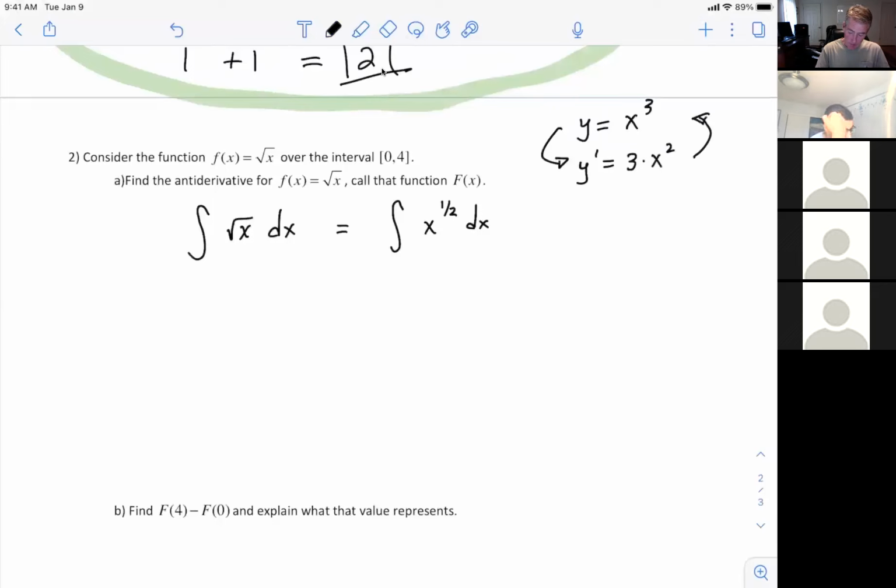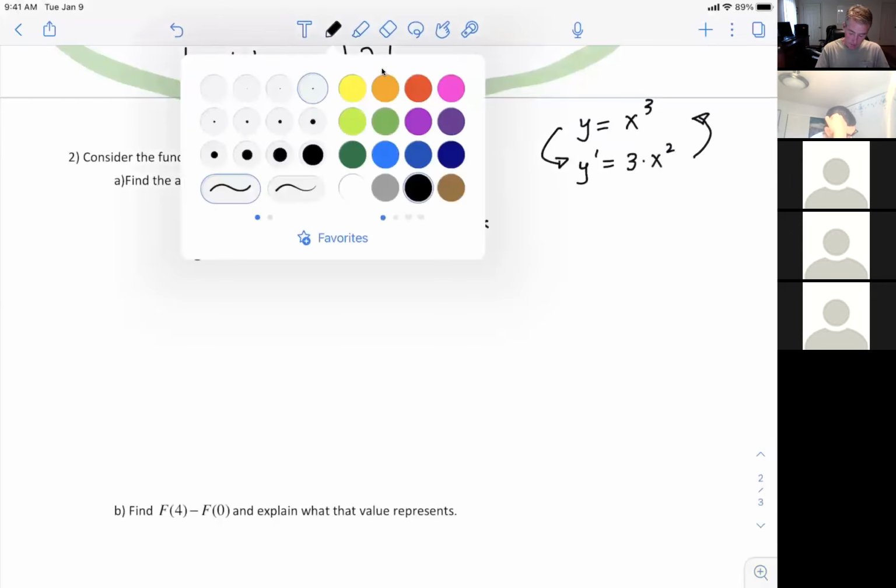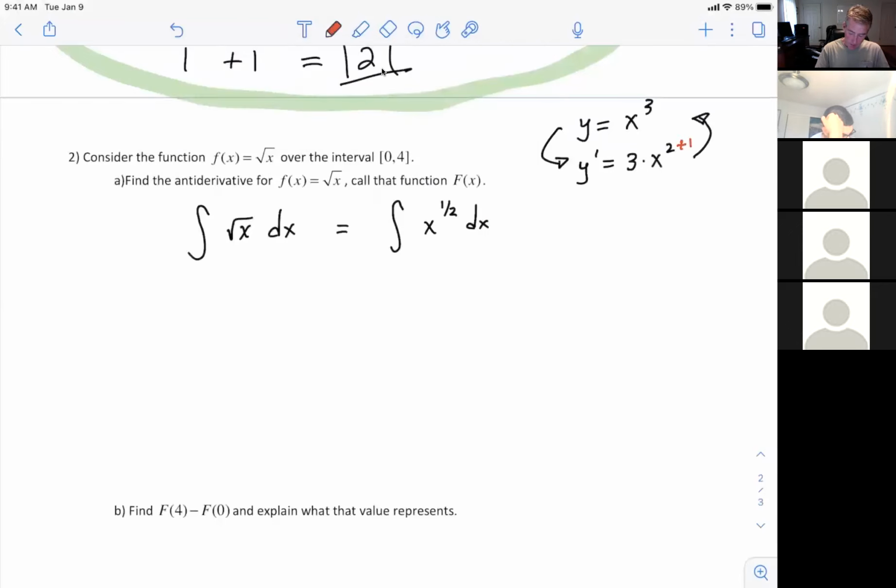If you're going the opposite direction to find the antiderivative, then you need to add 1 to its exponent, which will be a 3, and then divide by 3. And once you reduce, that's going to take you back to the original function. So in red, that's what we're going to do right here. Add 1 to the exponent, which is going to be 1/2 or 3/2, and then divide by 3/2.